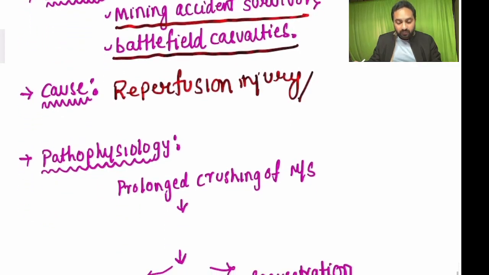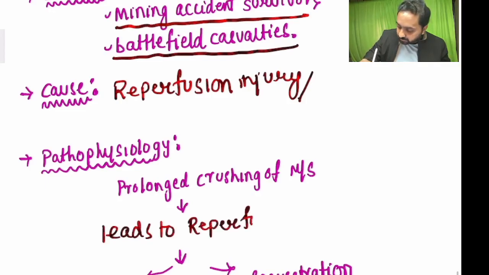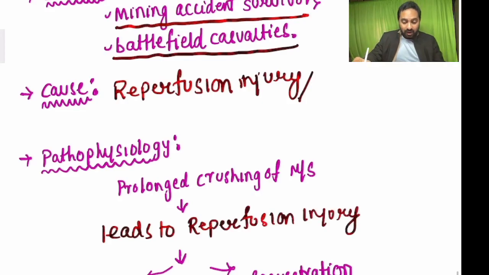So we have a prolonged crushing of the muscle, right? Now this leads to reperfusion injury. Now, because of this reperfusion injury, there is going to be release of myoglobin and vasoactive mediators, right?